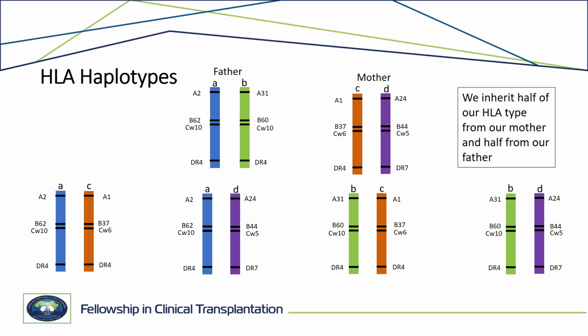He can pass the same haplotype as it is to his offspring, as seen in offspring 1 and 2, which carry haplotype A, and offspring 3 and 4 carry the other haplotype from the dad. The other haplotype in these offspring comes from the mom. The chance to get 2 HLA identical siblings is 1 out of 4.